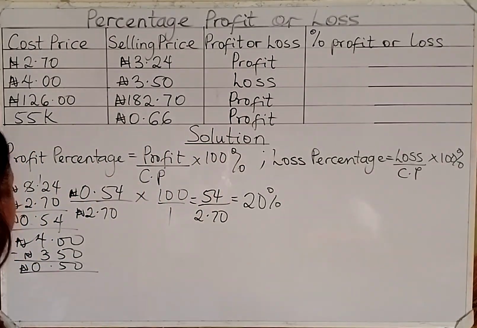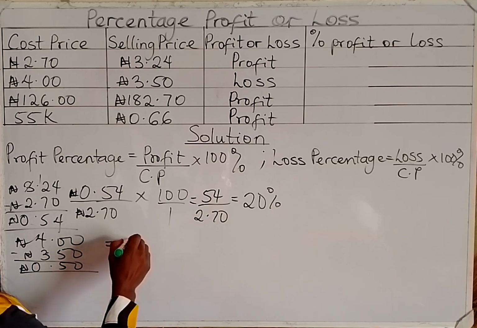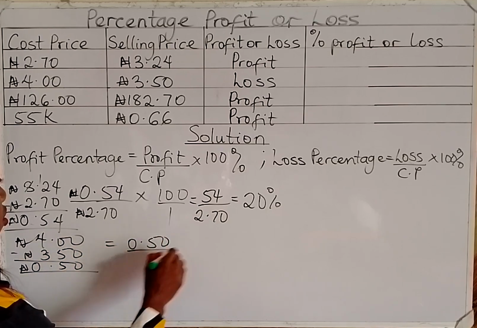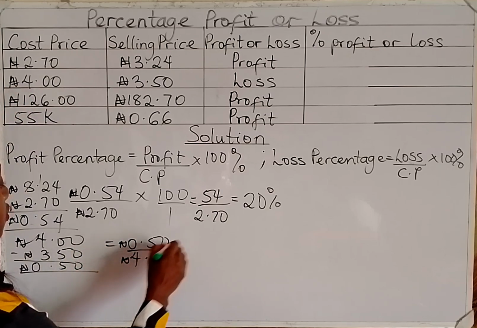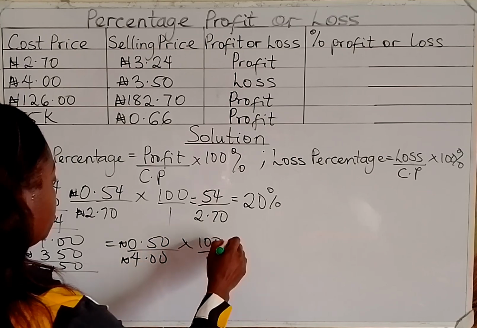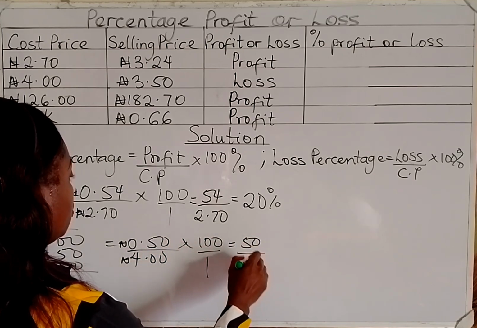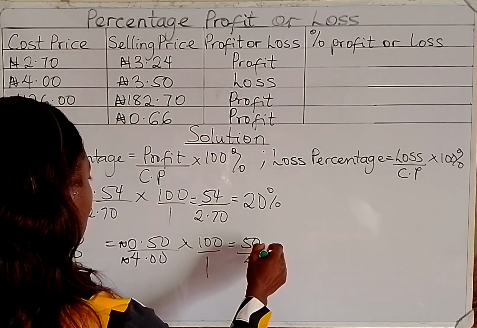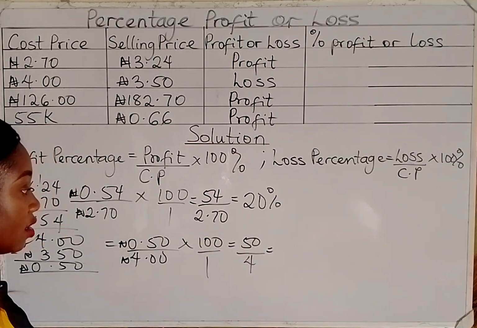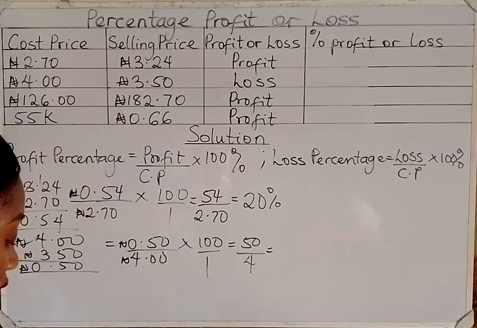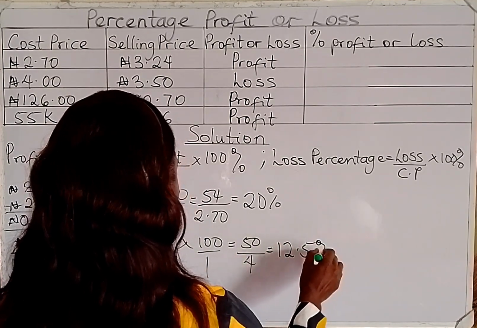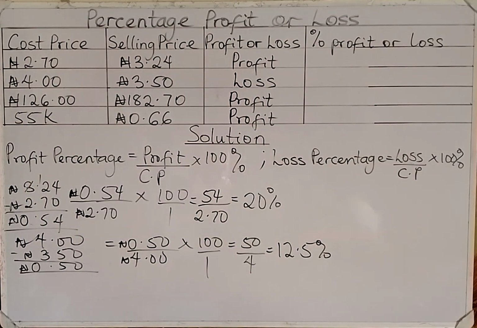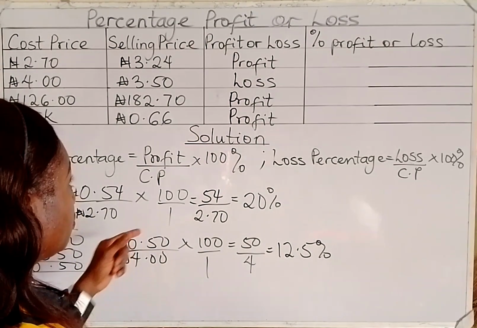So now I want to get the percentage loss. This is equal to 0.50 over the cost price, 4 naira, times 100 over 1, and this is 50 over 4. So what is 50 divided by 4? That will give us the answer to our question. So the person is at a loss of 12.5%. And that's how we got the answer for this.